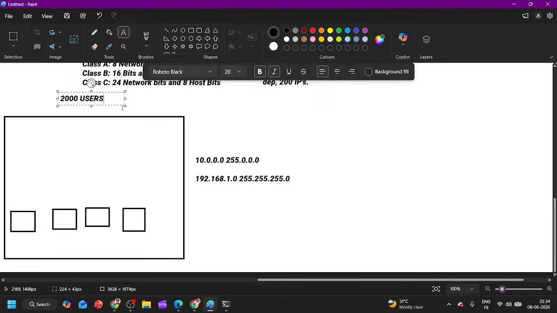The company is going to divide it into multiple parts, and it will use IPs from class C, which has 254 IP addresses. Sometimes you will use a subnet with 100 IPs. We don't have any class which offers 100 IP addresses, then you will go with classless.